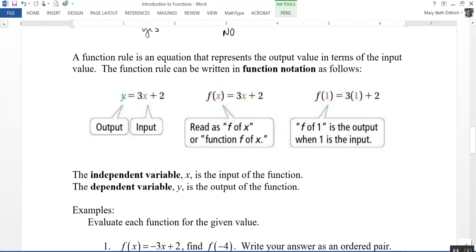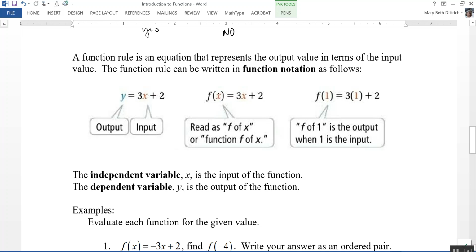Function notation uses this notation here, which you may have seen before, and it's read as f of x. So here we would say f of x is equal to 3x plus 2. It's not f times x, it's not fx, it's f of x, the function in terms of the variable x.